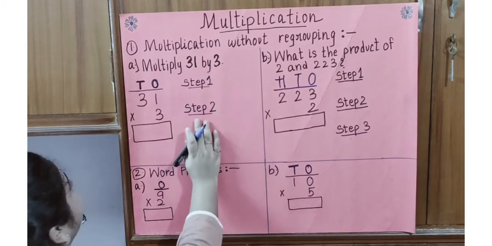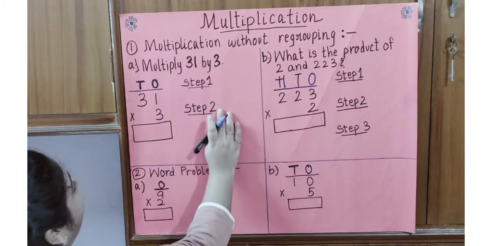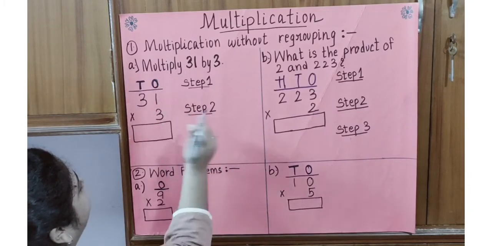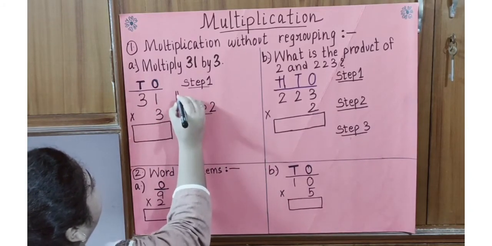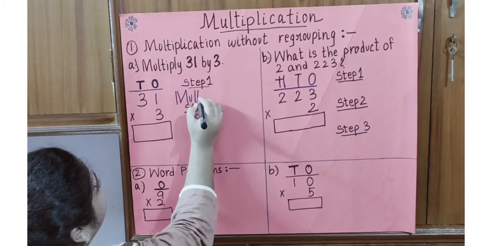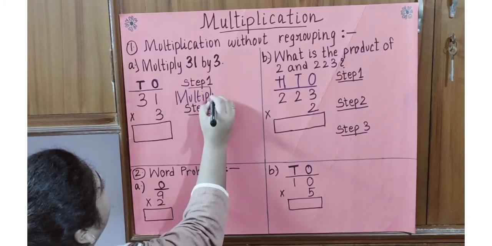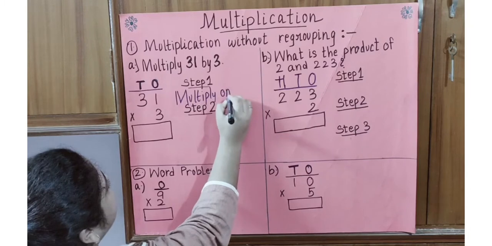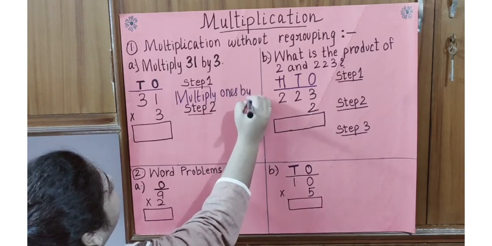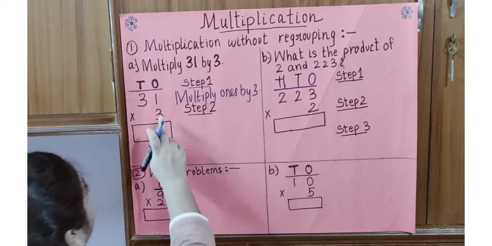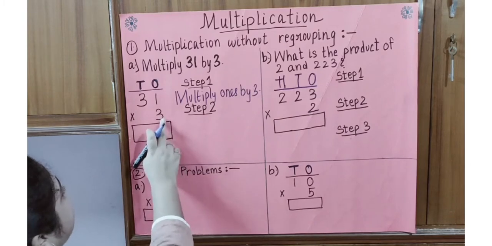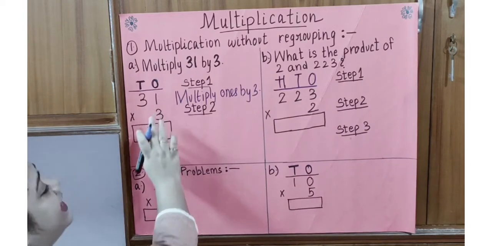We are going to first multiply the ones by 3. Right, children? Multiply ones by 3. So, 3 ones are how much?